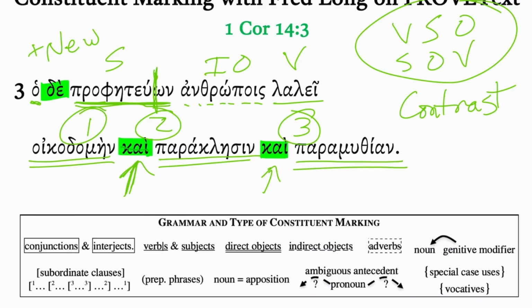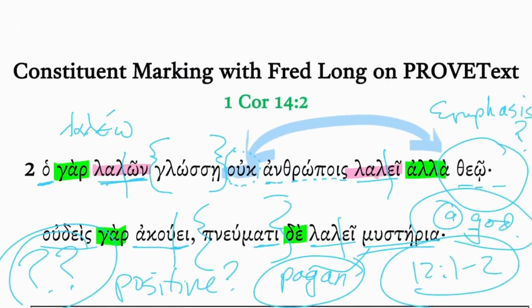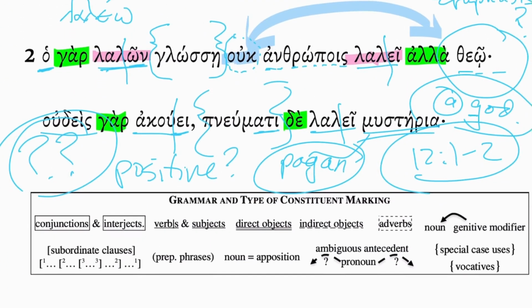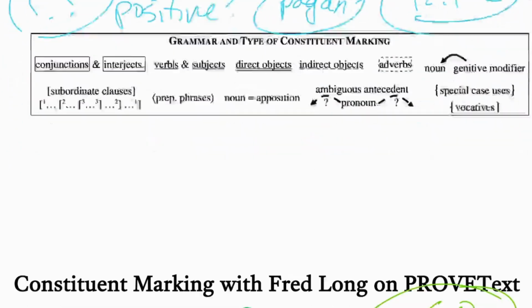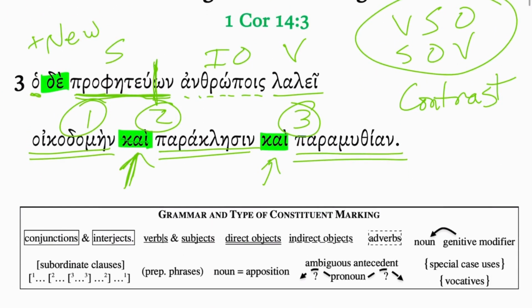And this is in contrast to the previous verse, which talks about no one hearing. No one hears if someone speaks in a language or a tongue. No one hears, and instead speaks mysteries. So there's a contrast between the two types of gifts. All right, so that's how I'd mark that up, and I hope to have you listen to us next time. Take care.